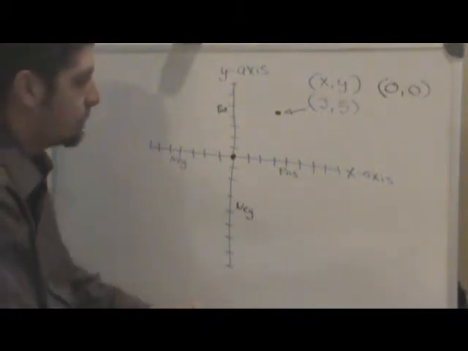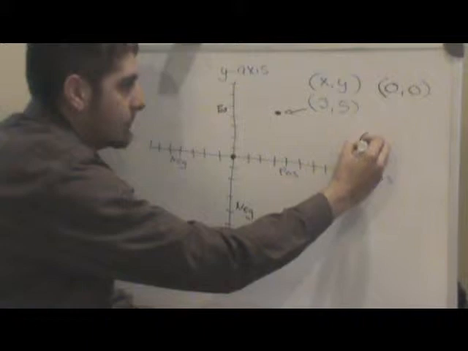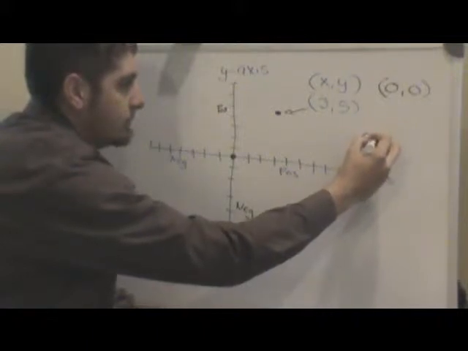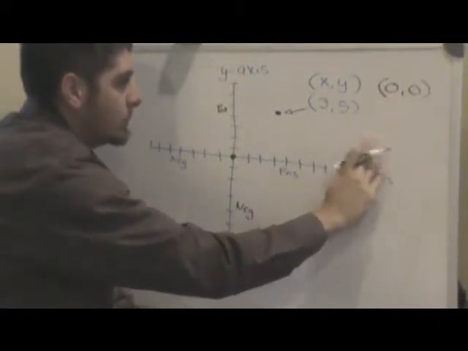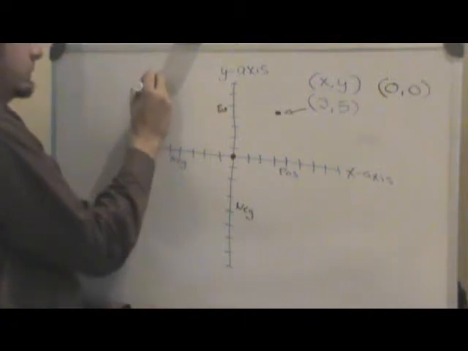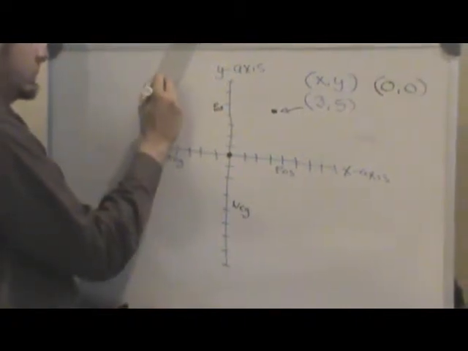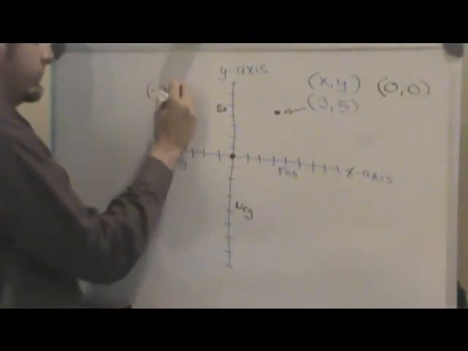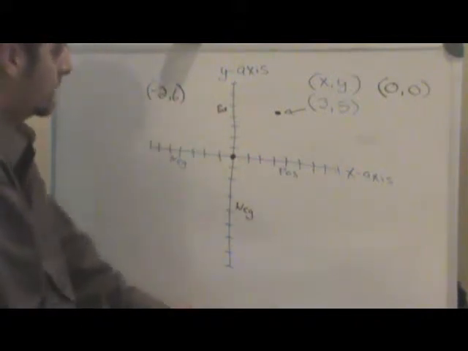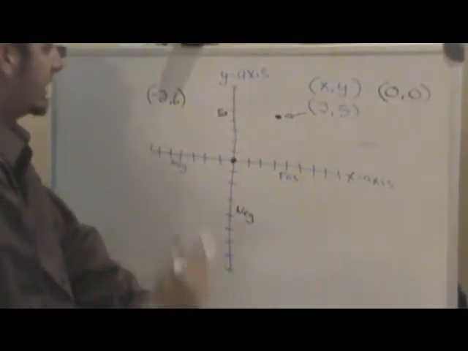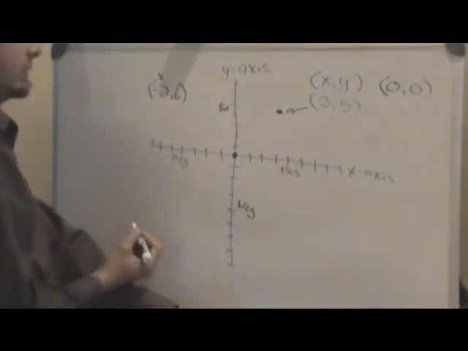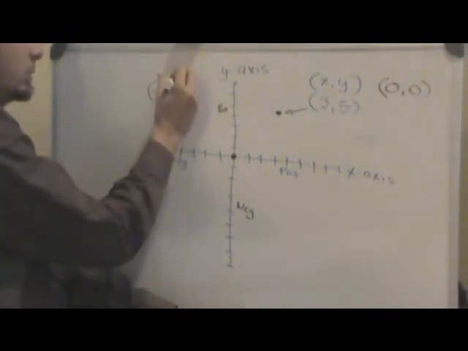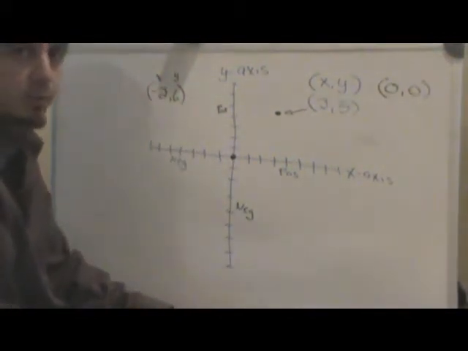So let's graph a point that has a negative in it. This point has an x-coordinate of -2 and a y-coordinate of +6.